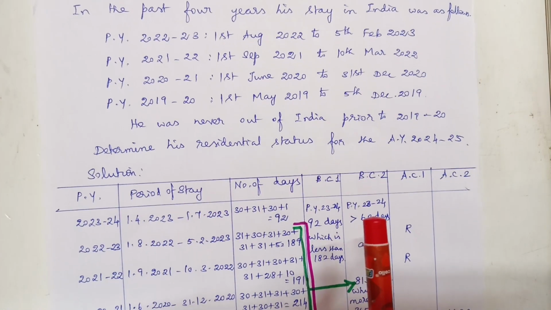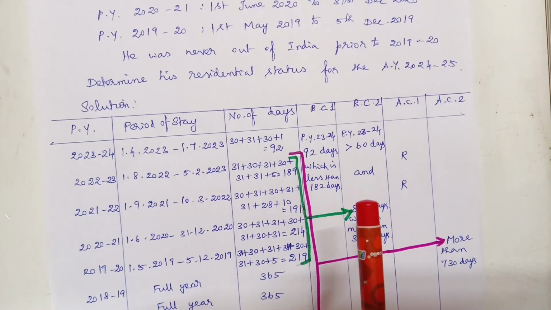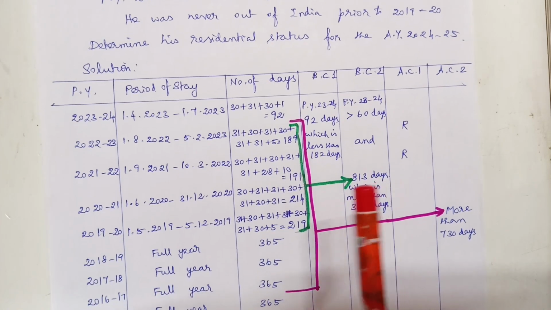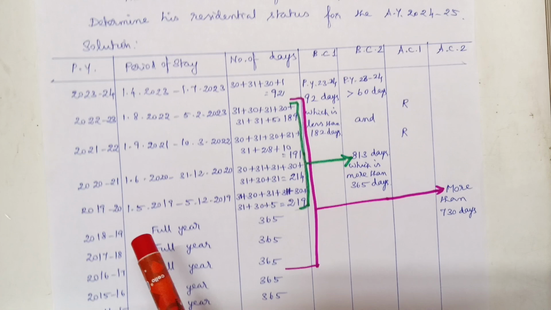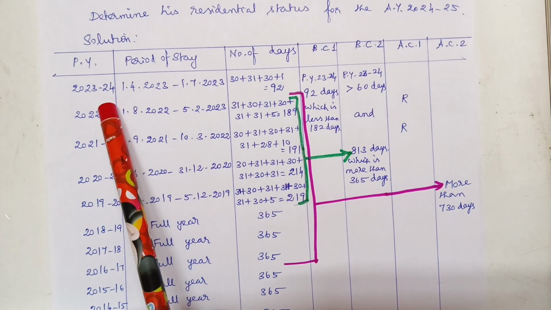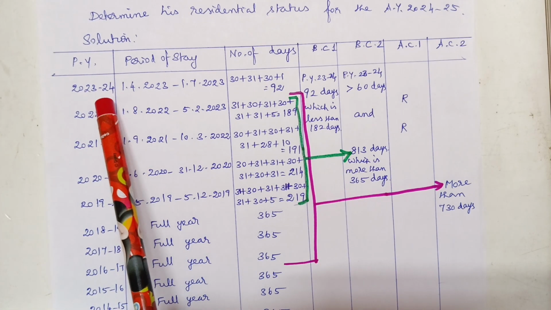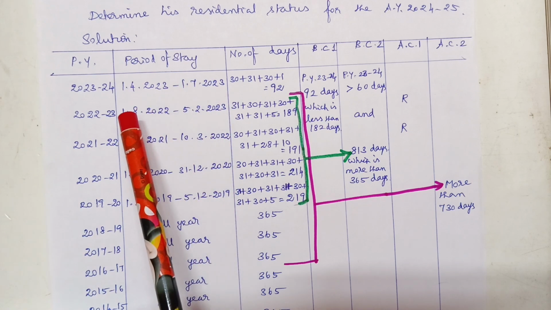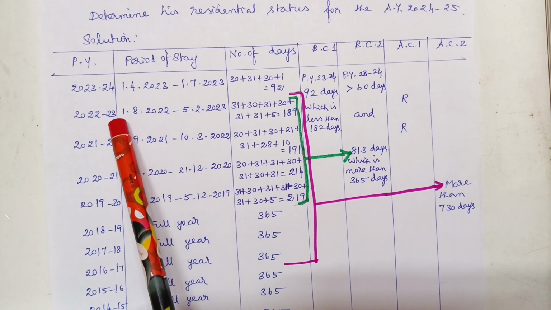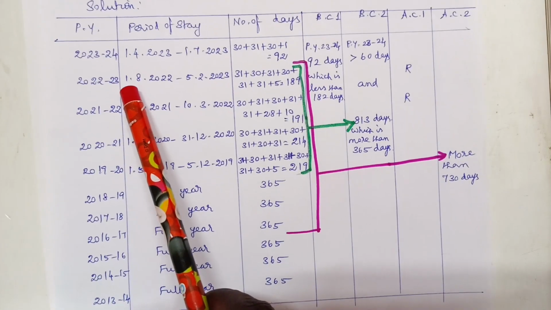For better understanding, here I have prepared a table. In the first column, I have written the various previous years. For checking the basic condition, we have to check with the current previous year 23 to 24. And for additional conditions checking, we have to consider the preceding 10 years.